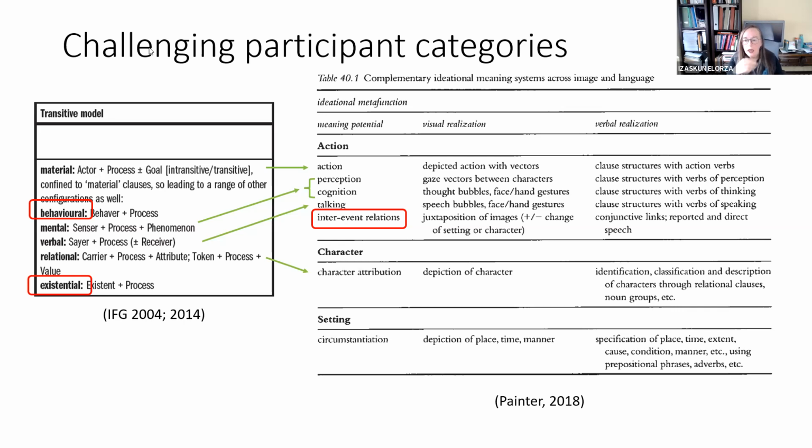For instance, if we take this very nice summary of ideational meaning systems across image and language from Claire Painter in the Routledge Companion to Picture Books, the meaning potential is realized through different recognized actions. One, the characters are represented through character attribution, and then we have the circumstantial information in the setting.